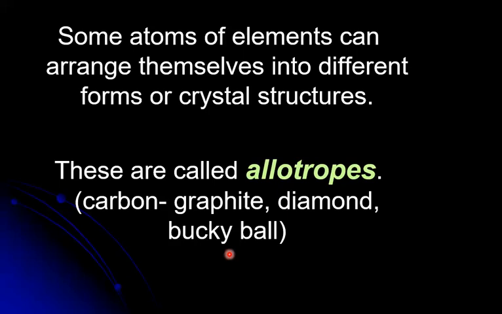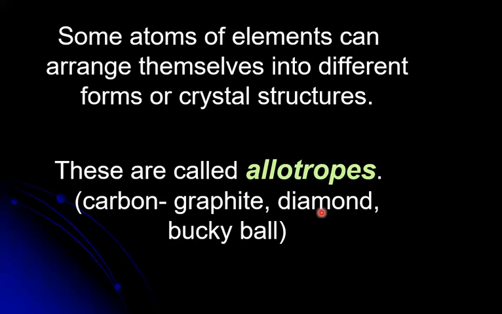Some of you may have heard of nanotubes. That's just a real thin layer of graphite that's wrapped in the form of a tube, and they're very, very stable. There's another form that's just been discovered recently called graphene. But anyway, the idea is that these are all made of carbon atoms, but the way those carbon atoms are bonded to each other gives them different crystal structures.